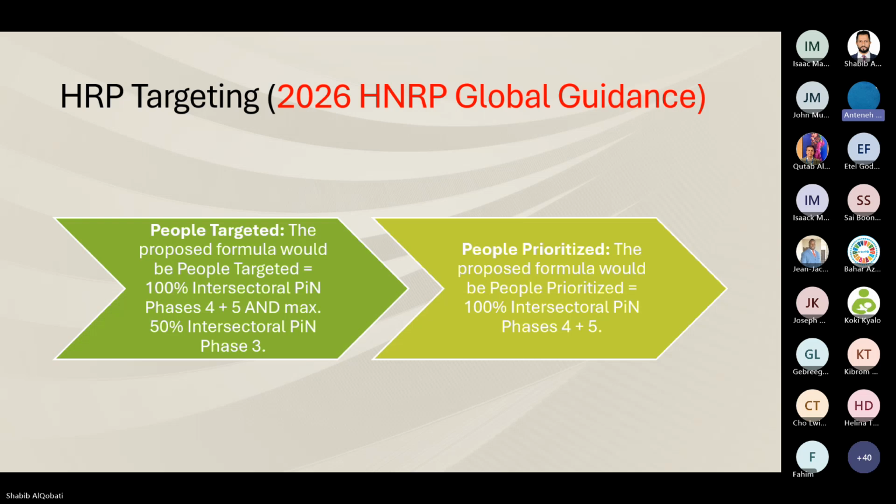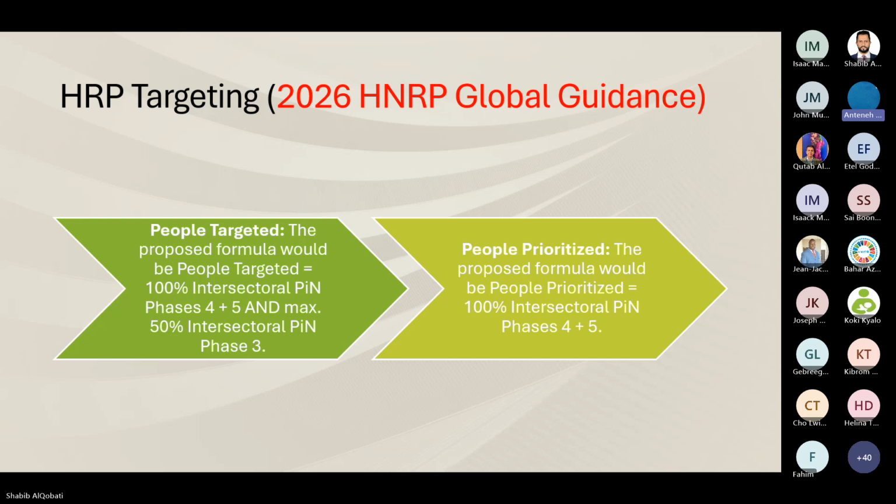The proposed formula would be people targeted equals 100% of the PIN in phase 4 and 5, and maximum 50% of intersectoral PIN in phase 3. So the maximum you could go if you are setting a target is phase 4 and phase 5 areas plus 50% of phase 3 areas. So this is the global HNRP recommendation.